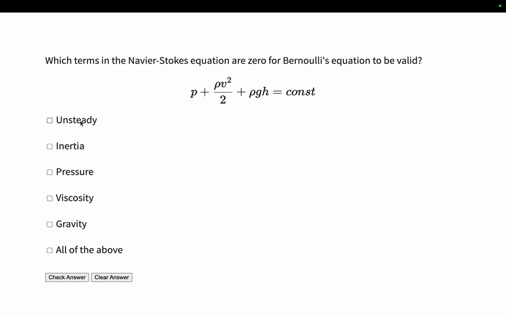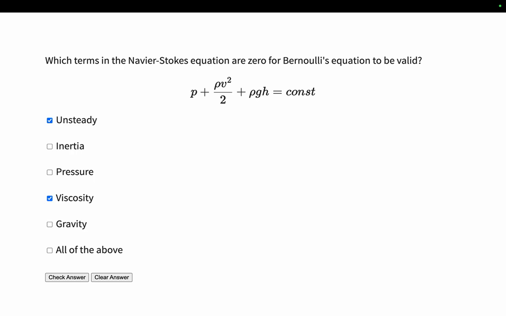So the assumptions are that you need to have a steady flow, and you should not have any viscosity. In those scenarios, you can use this Bernoulli equation. And there is another important one that I didn't write here: it's an irrotational flow. That again comes when you derive Bernoulli's equation from the Navier-Stokes equation.